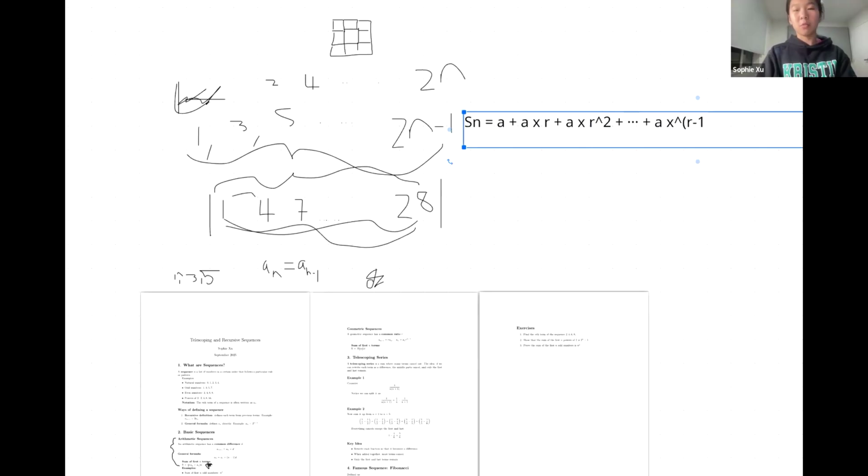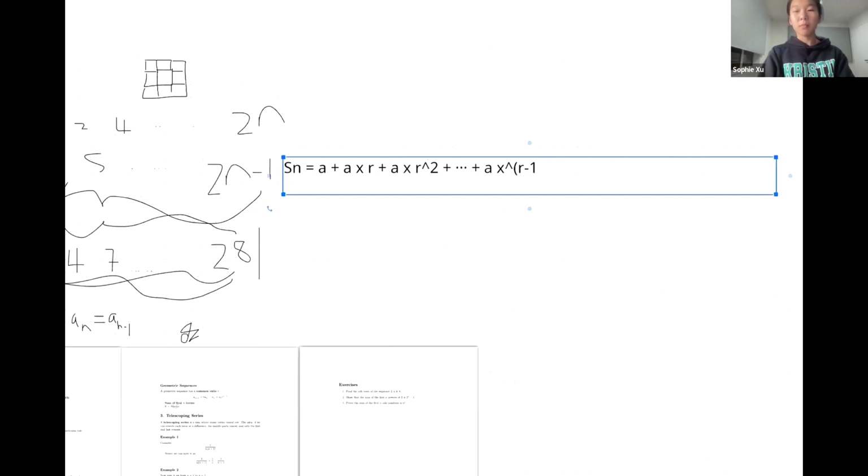This is also equal to a1 plus a2 plus all the way to an, right? Does that make sense?